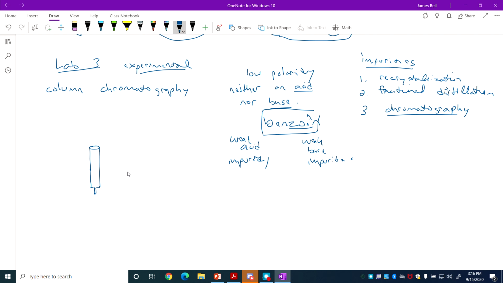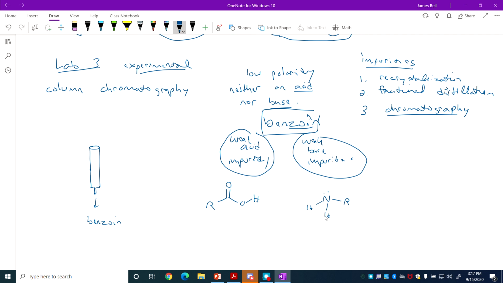And we're going to pack this with a material that will pull out either a weak acid or a weak base from the benzoin, allowing the benzoin to drip through. So what do we want to use to do that? A weak acid usually has a carboxylic acid structure, and a weak base typically has a nitrogen with a lone pair.